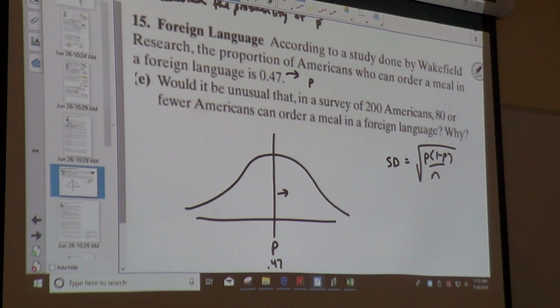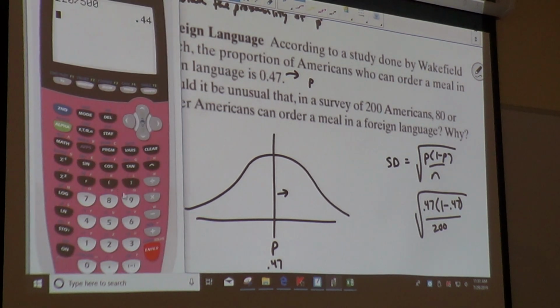P, 1 minus P over N. So what is my P? 0.47. 1 minus 0.47, what would my N be? 200. That's how many people I surveyed. So when I go to my calculator, I'm going to do 0.47 parentheses 1 minus 0.47. I get my answer.